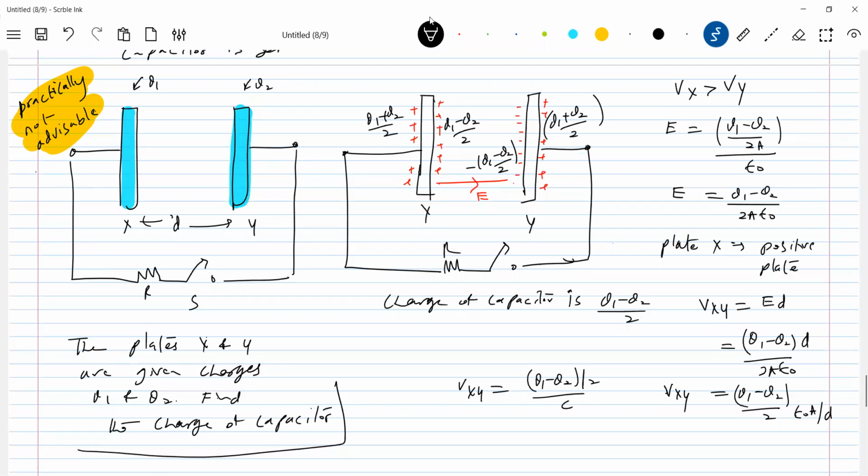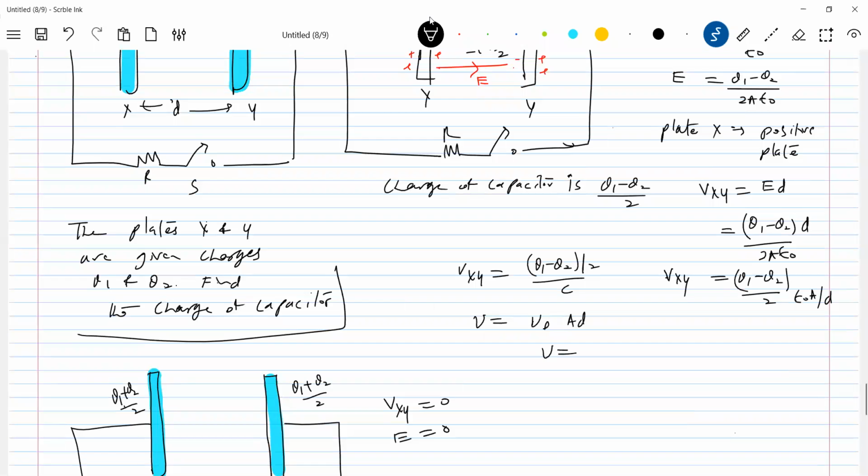Let's calculate the energy in the capacitor. It should be equal to the energy density formula, u into volume, so epsilon naught E square A into D. So this should be epsilon naught AD by 2 times Q1 minus Q2 by 2.